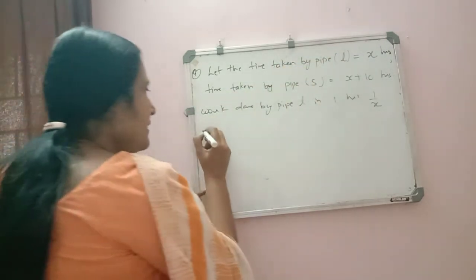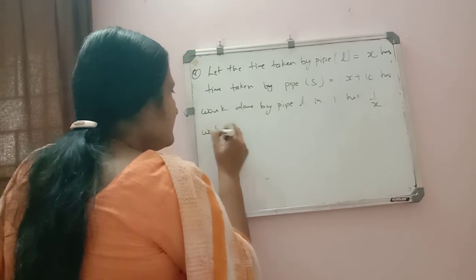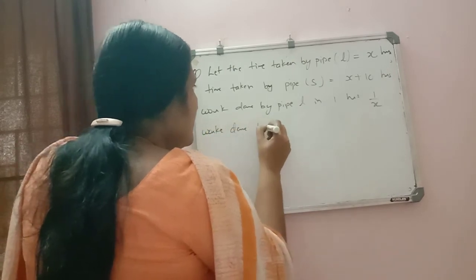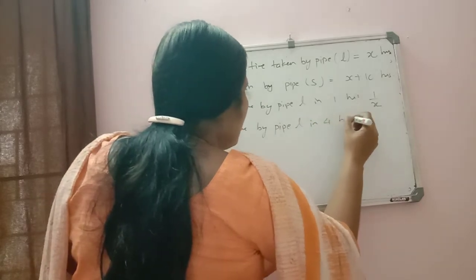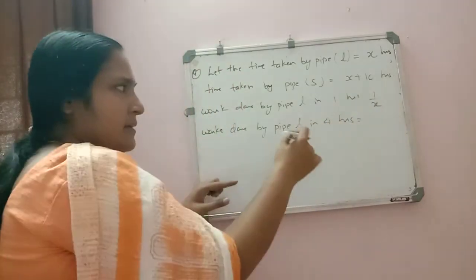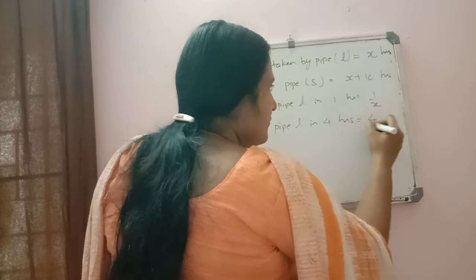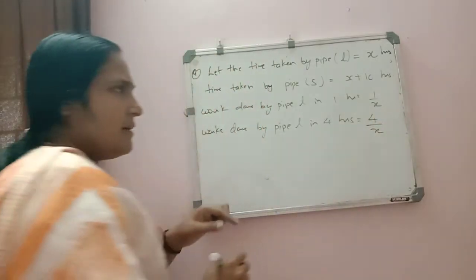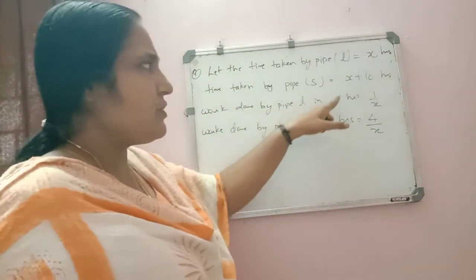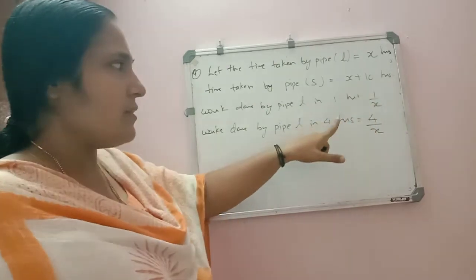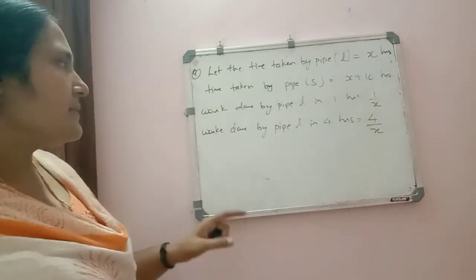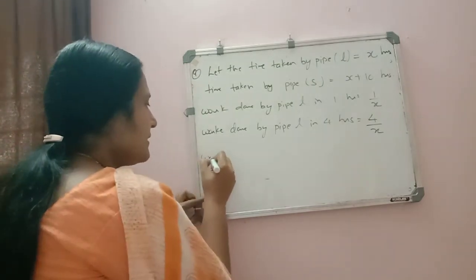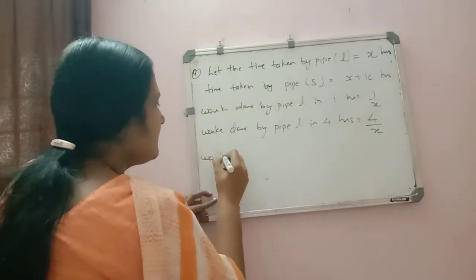So work done by pipe L in 4 hours: in 1 hour they are doing 1 by x, so in 4 hours it will be equal to 4 into 1 by x. Same concept: if the cost of 1 chocolate is 10 rupees, then the cost of 5 chocolates will be equal to 5 into 10.